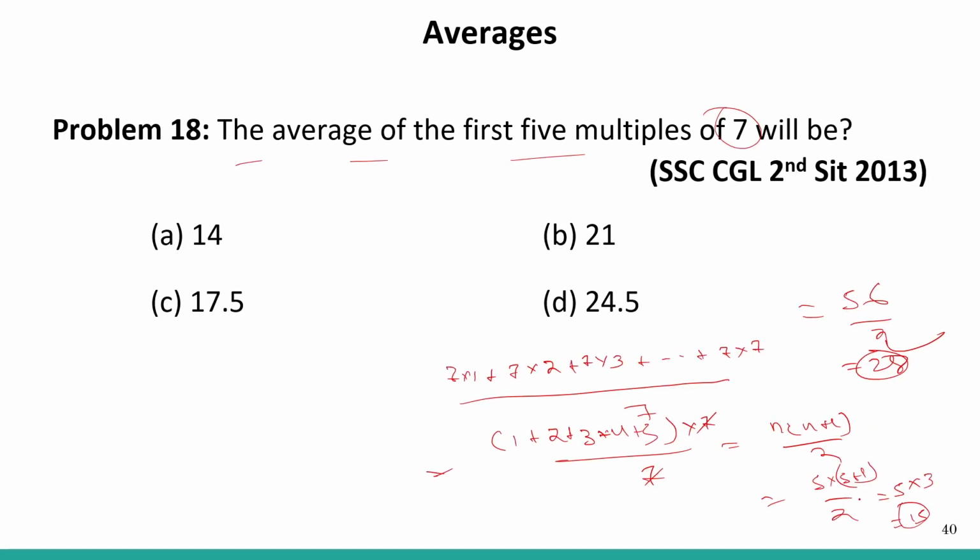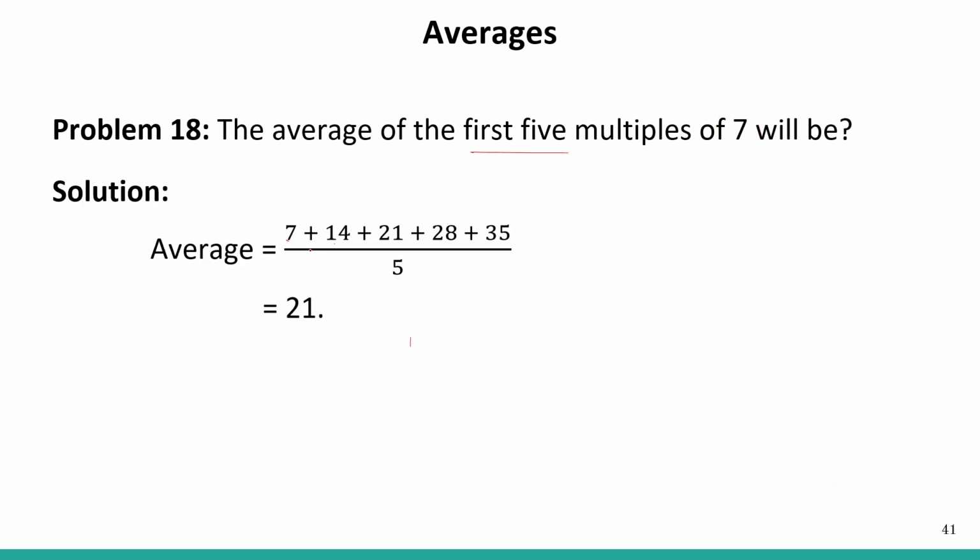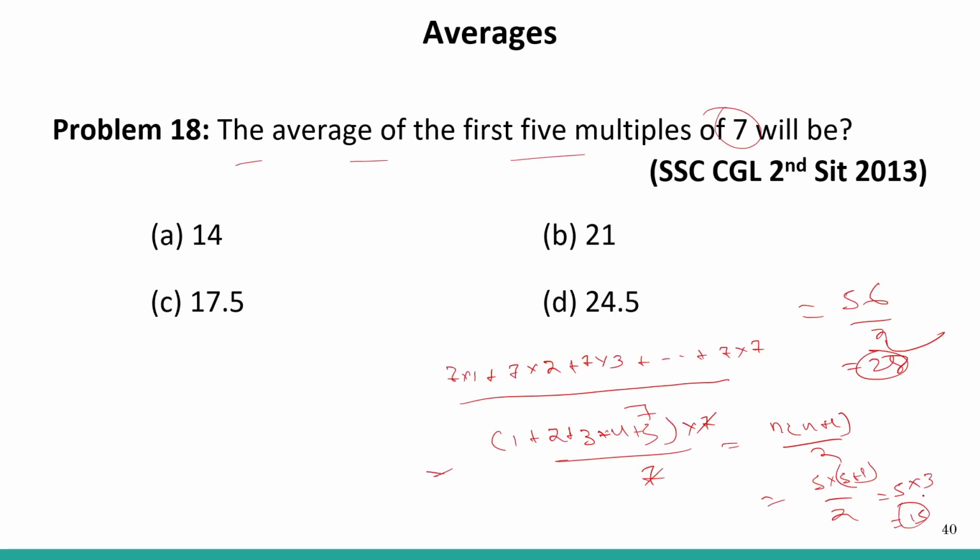So their cumulative sum will be this much amount, 7 plus 14 plus 21. So this is not the correct one. So the correct answer will be 15. Okay, so there is a typo here. This should be 15 and this will be the correct one.